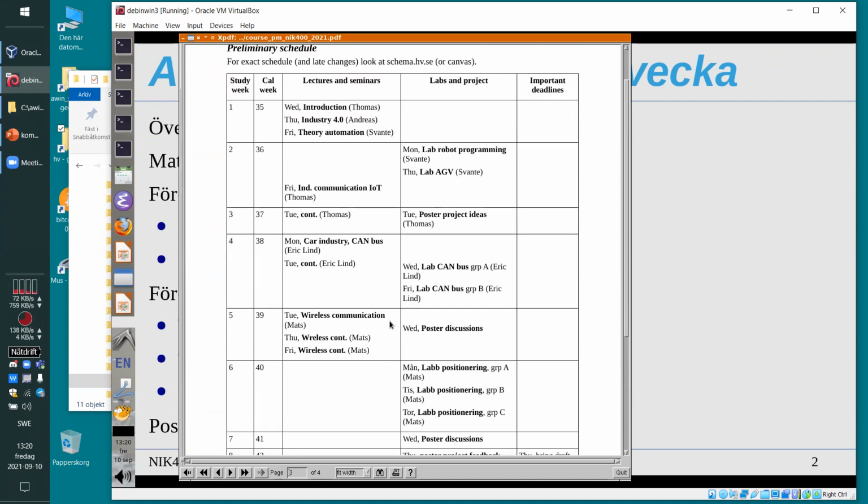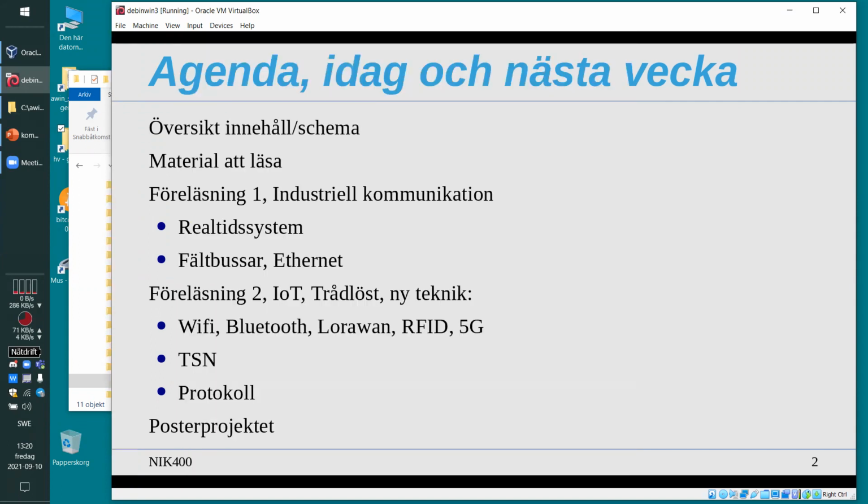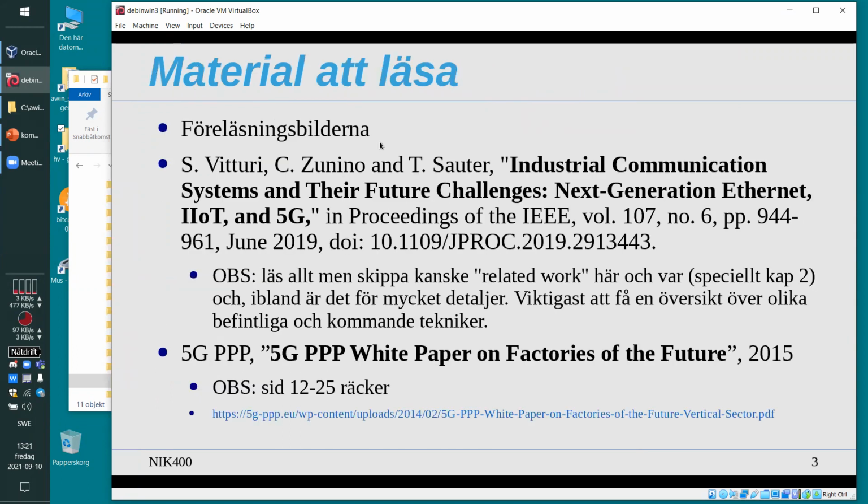We don't have a book for the course, but we actually have some material, and mainly for my parts, it's lecture slides. I will put them up later on and translate them. But otherwise, I have links to 2 papers or articles here, white papers, that I think are interesting and that you should read. That's part of the course. And I have some pictures from both of them.